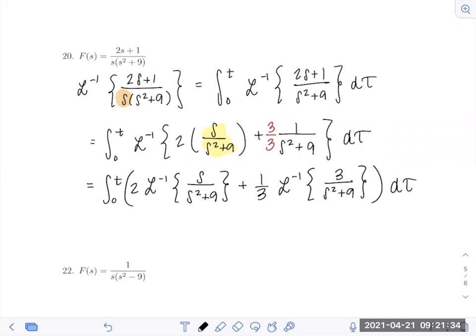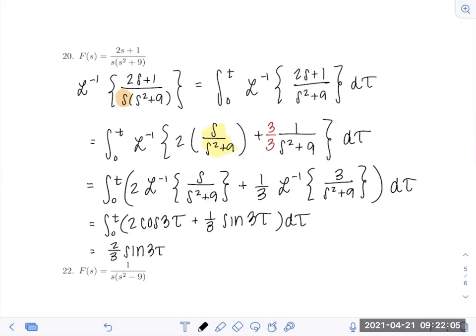So now we can do the inverse transform. We have 2 cosine of 3 tau plus 1/3 sine of 3 tau d tau. All right, so now we're able to go ahead and integrate. A U-substitution will kick out a 1/3 in both cases. And so I get a 2/3 sine of 3 tau minus 1/9 cosine of 3 tau.